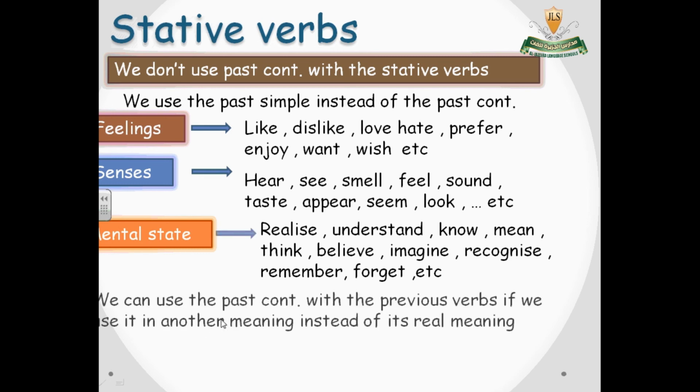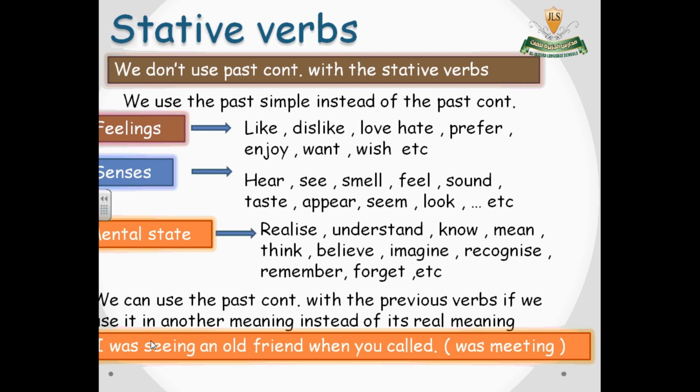We can use the past continuous with the previous verbs if we use them in another meaning. So I can use one of these in the past continuous tense, but I don't mean its real meaning, I mean another meaning. For example, if I say, I was seeing an old friend when you called.